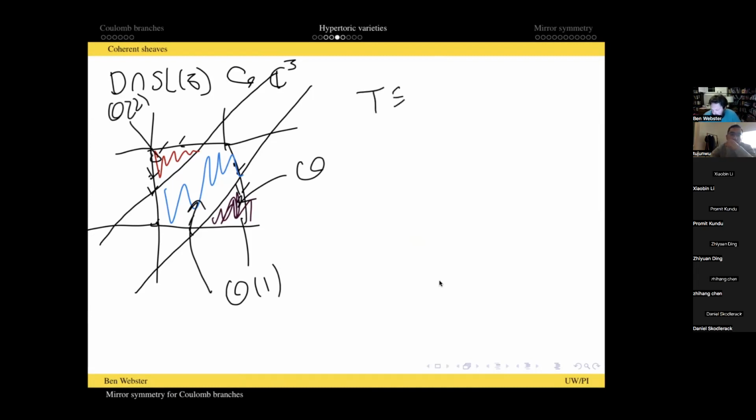My tilting bundle is O plus O(1) plus O(2). And of course, on T*P2, which is what I'm looking at here, this is the only tilting bundle up to tensoring with another line bundle. Every tilting generator has this form. So I knew that was what I had to get. But you can work through other examples, like the Kleinian resolution of C2 mod a cyclic group.